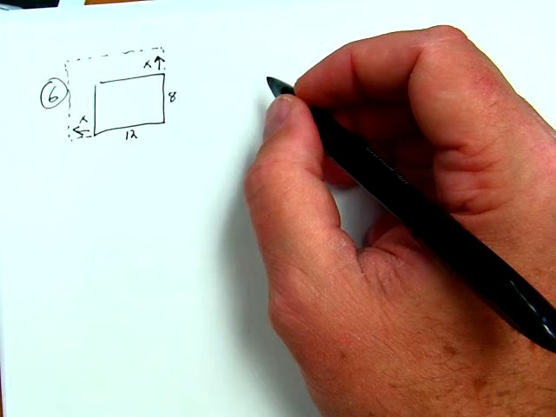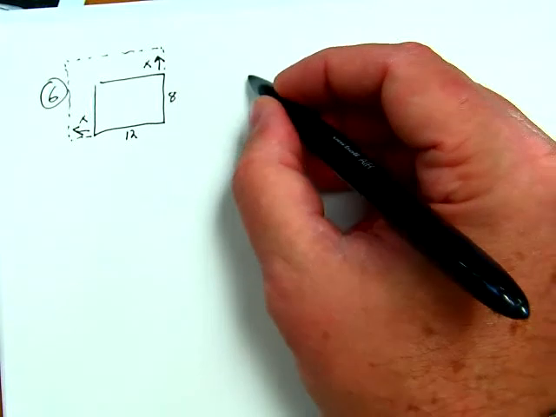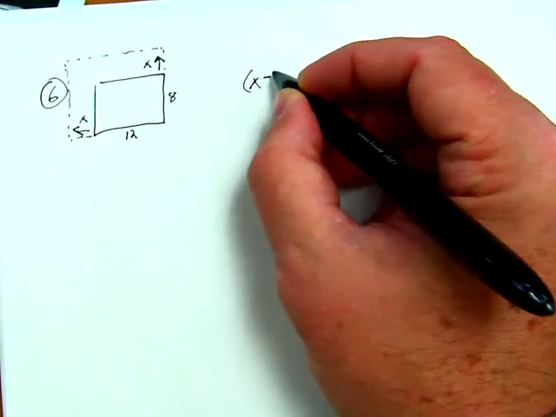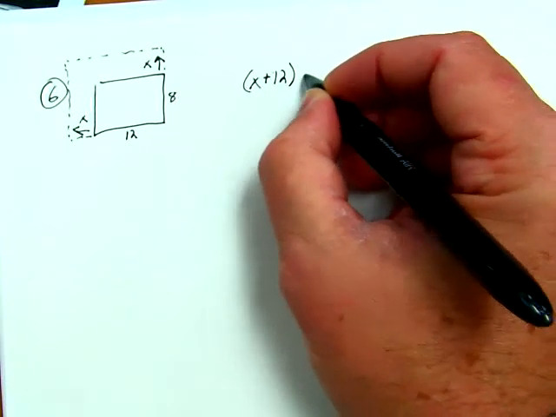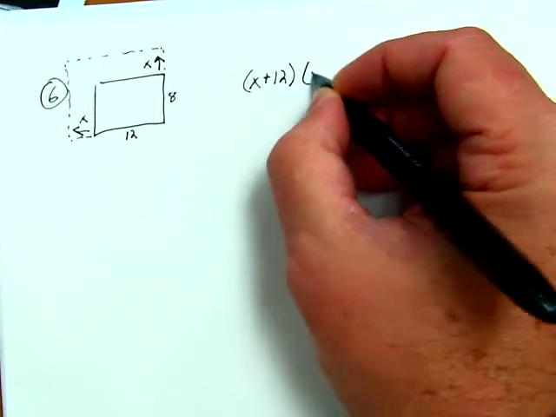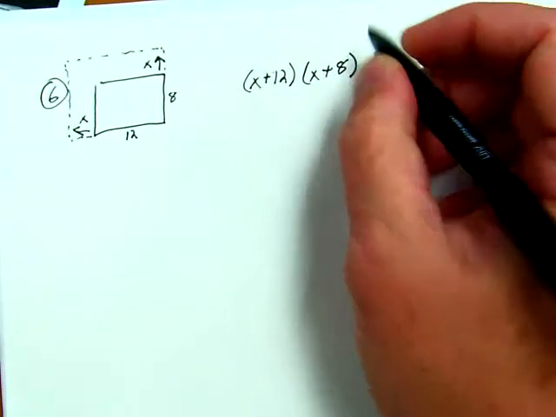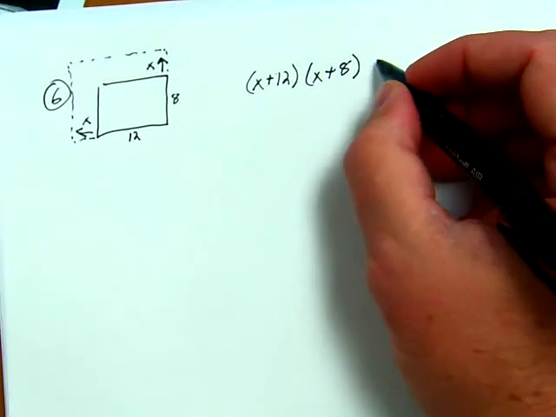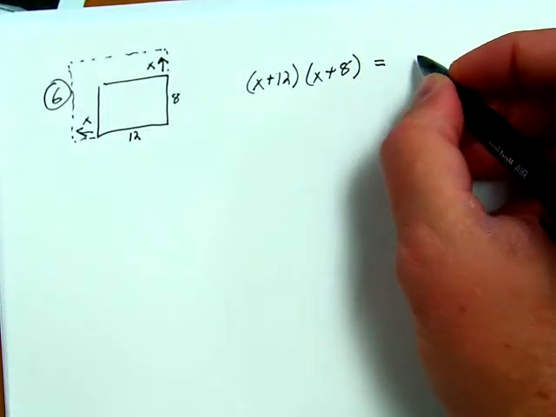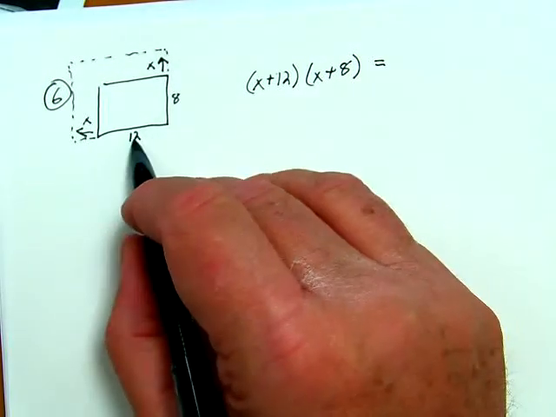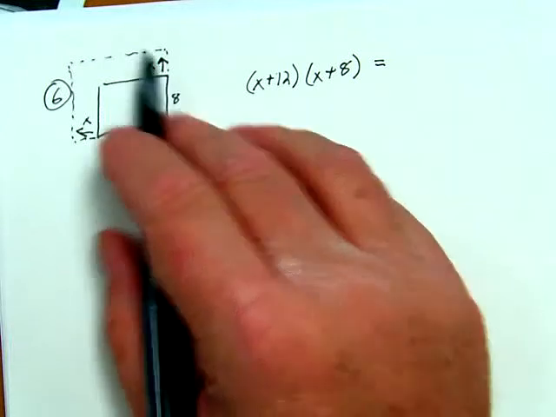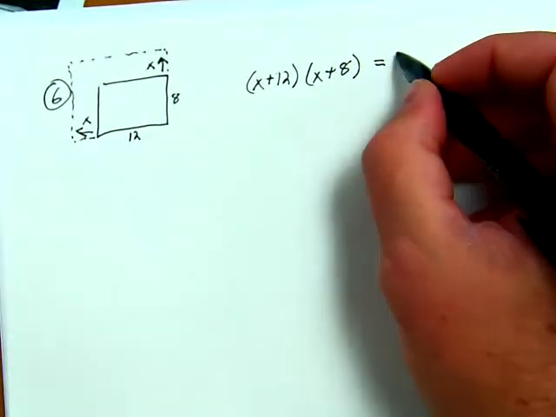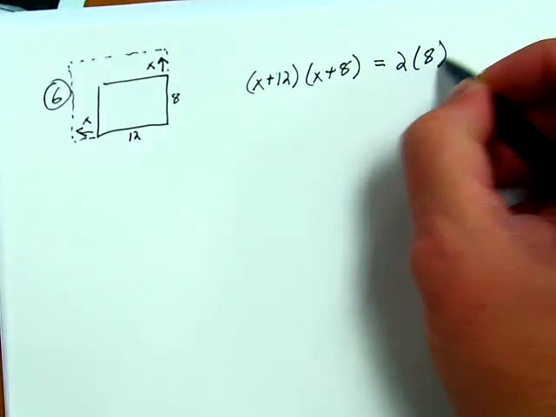At first, I can say to myself that the x plus 12 times x plus 8, notice that's my new width and height, okay, is going to be equal to my old area, which was 8 times 12, but I want this new area to be double that, so 2 times 8 times 12.